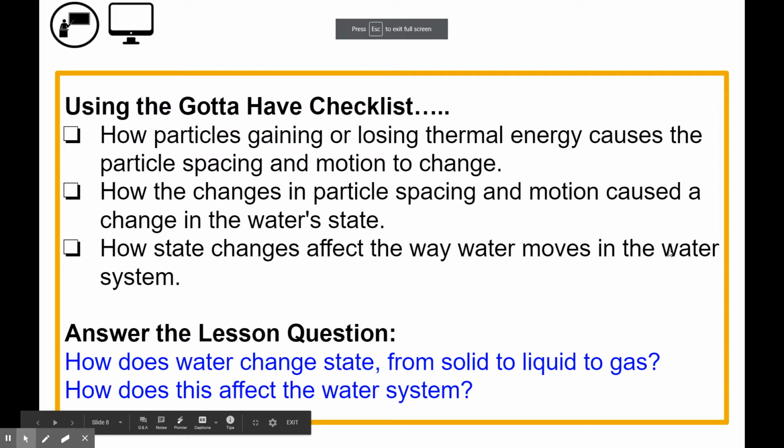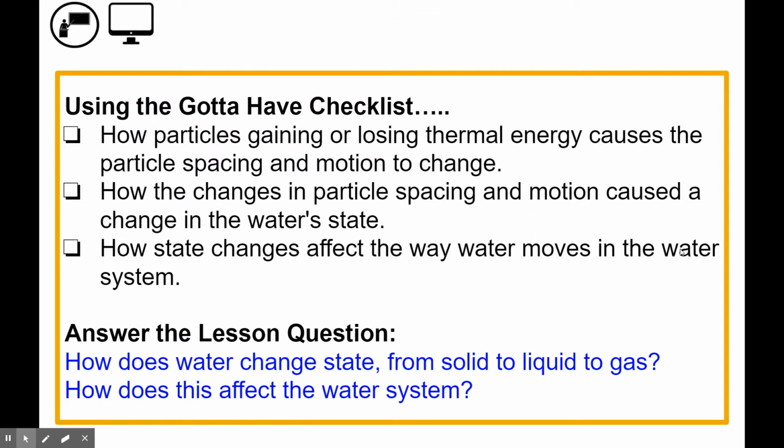Okay. So thinking back to our gotta have checklist, I want you to think about these questions. How particles gaining or losing thermal energy causes their spacing and motion to change. As they are gaining thermal energy, they're spreading out and speeding up. As they're losing thermal energy, they're moving closer together and slowing down.